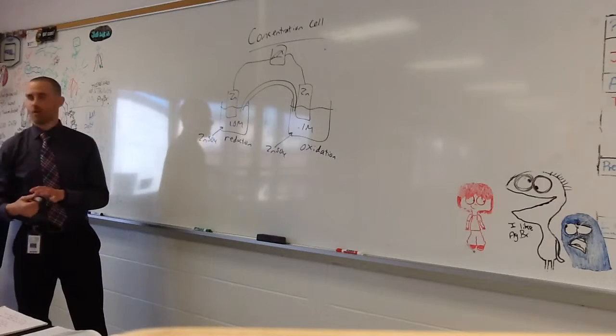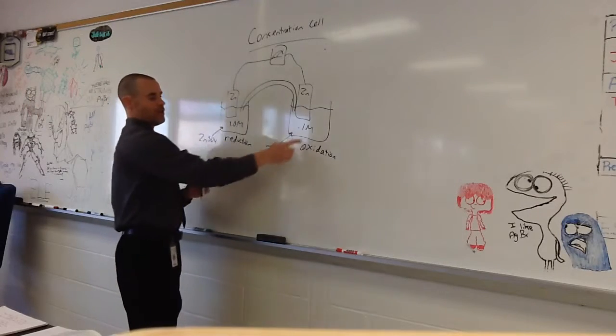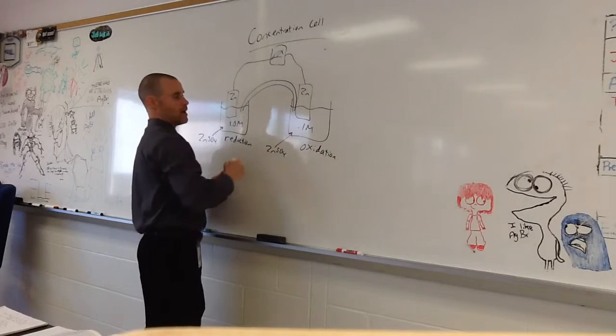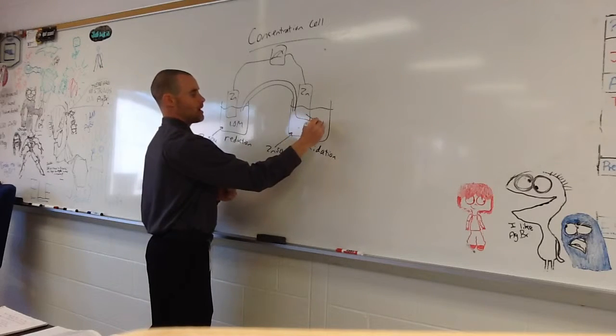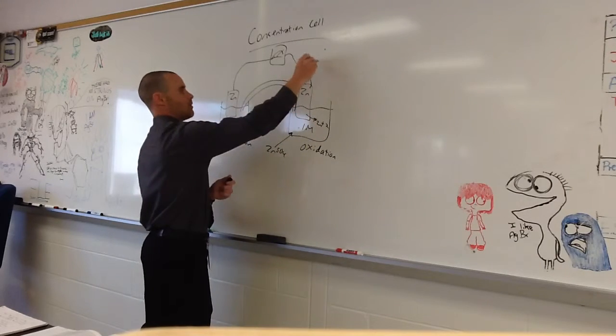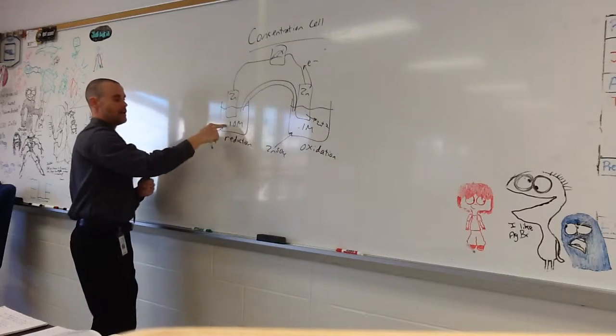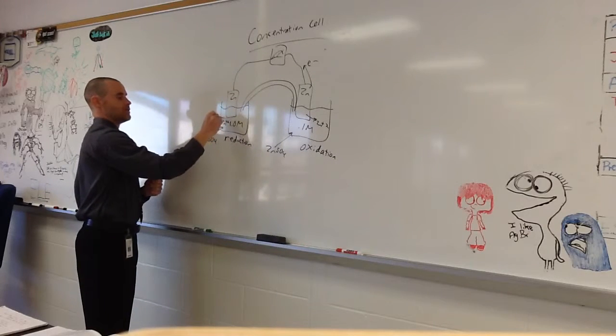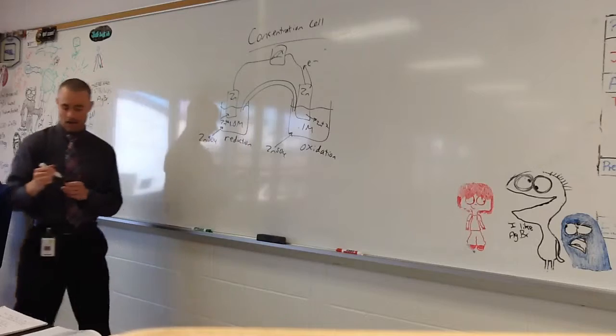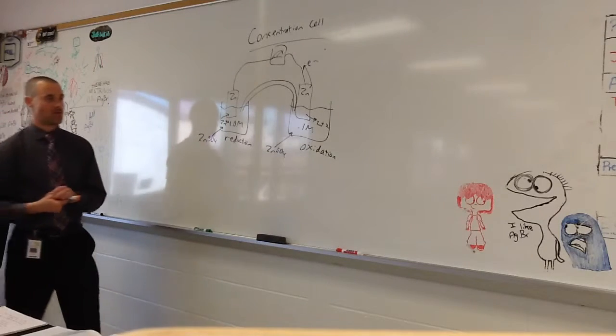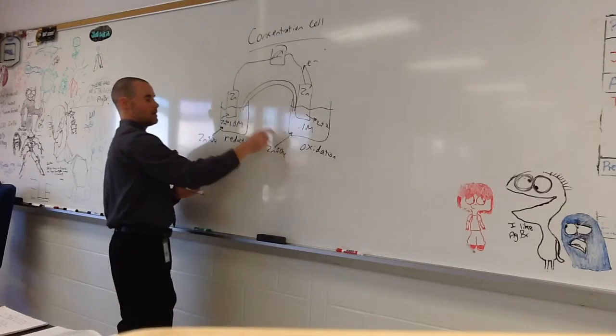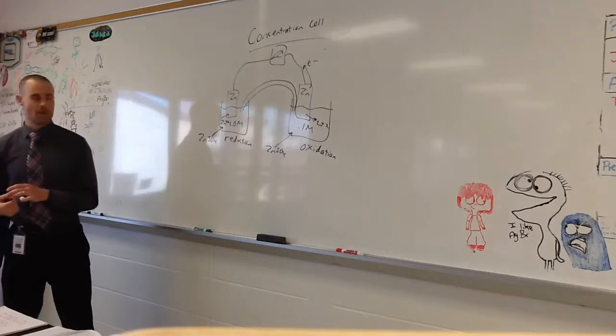So this here is where you're going to have Zn2+ popping off, and electrons are going this way. And then here, your Zn2+ is going to be gaining electrons, jumping onto your cathode. So again, your anode is going to lose mass, and this is going to be your cathode gaining mass.